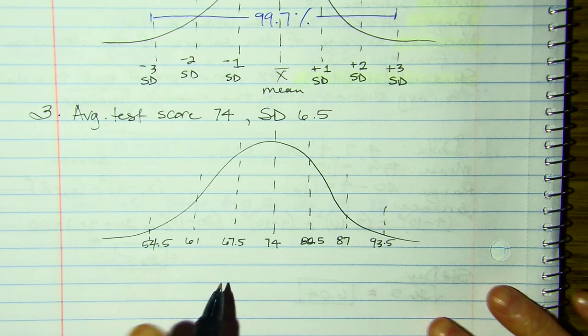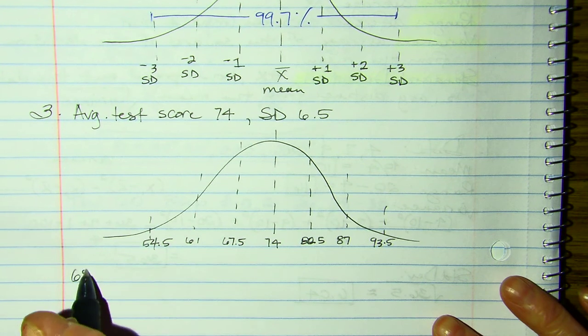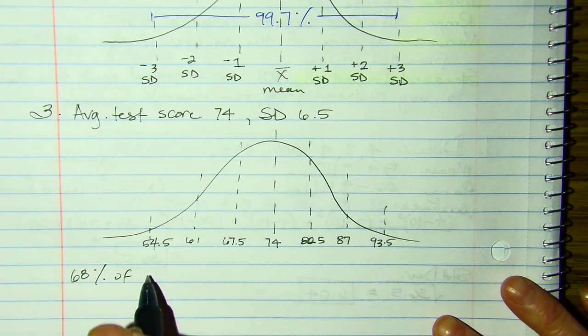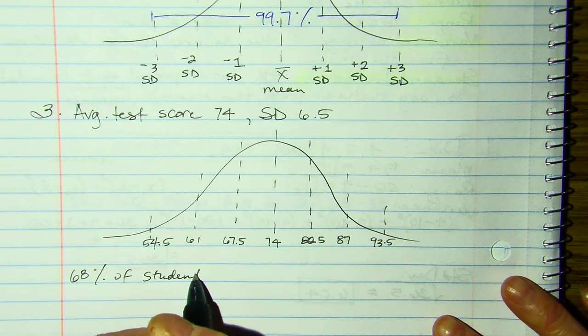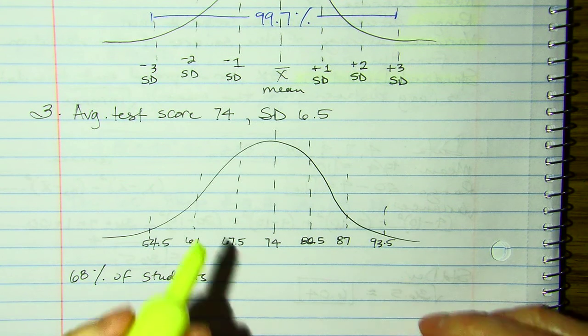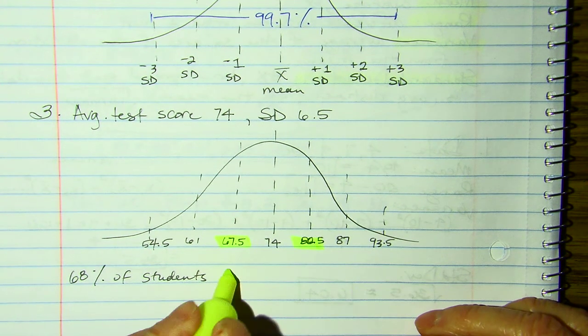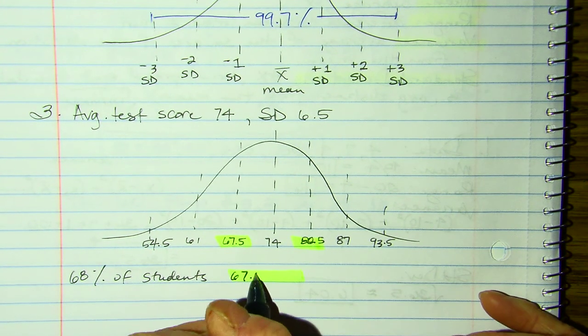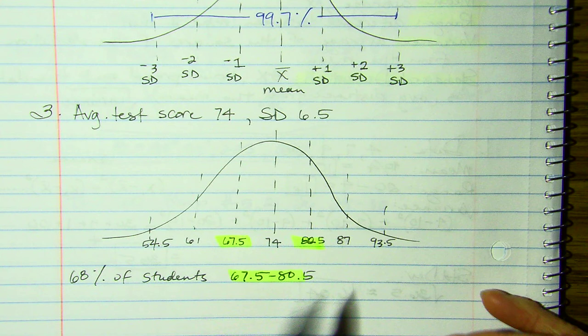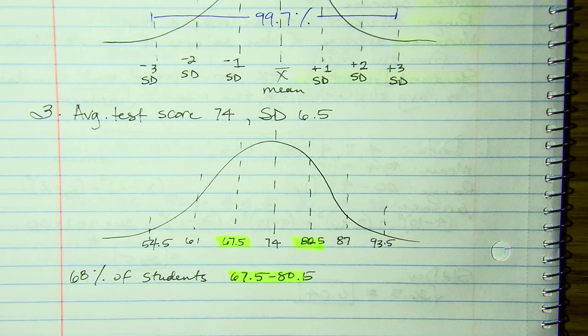So this is saying that 68% of students scored between here, 67.5 to 80.5. Okay, which would be what, a D plus to a B minus.